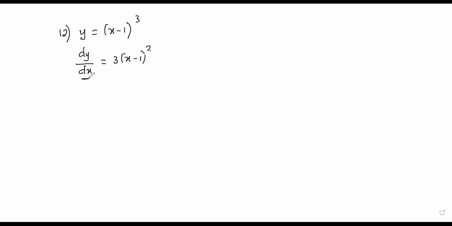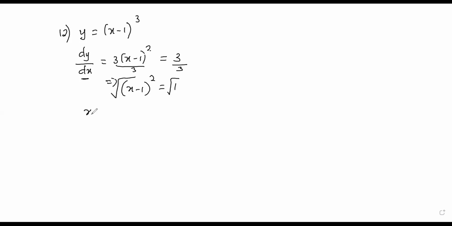Now we want the gradients to be equal to 3, the 3 we got on the other page. So when we divide by 3, we have (x minus 1) to the power 2 equal to 1. Square root.